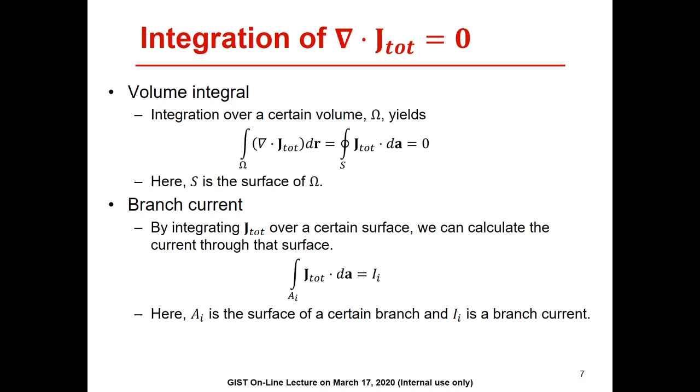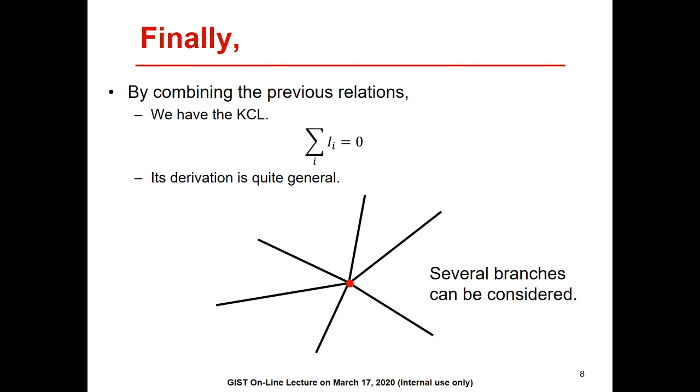The surface integral can be separated into many pieces, and we can notice that the surface integral over a certain branch surface is the branch current for that branch. Finally, by combining the previous two relations, we can derive the KCL.